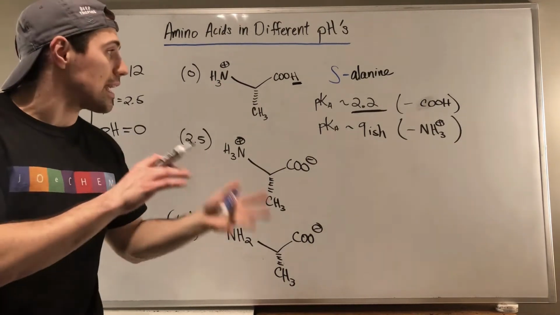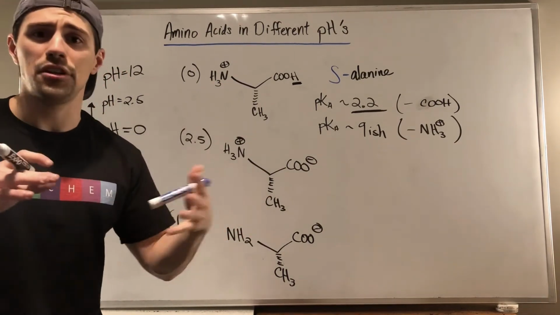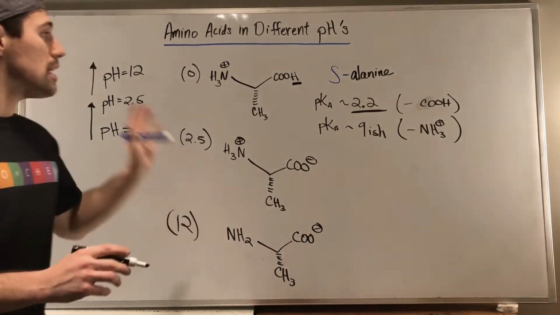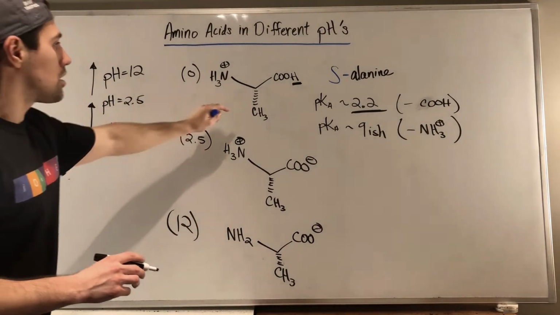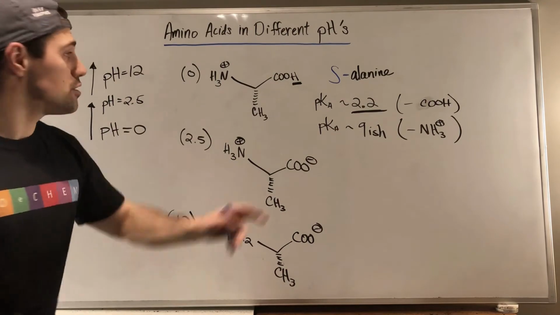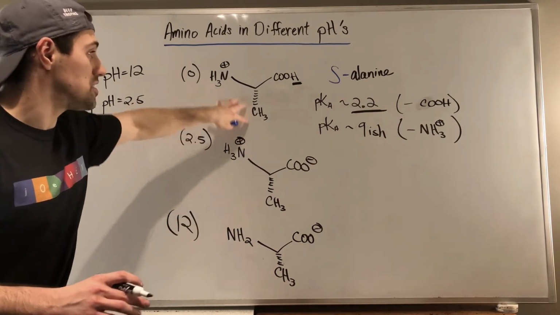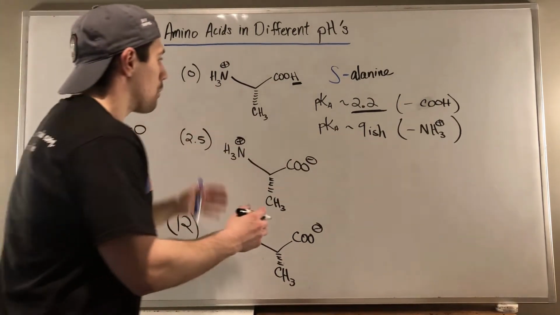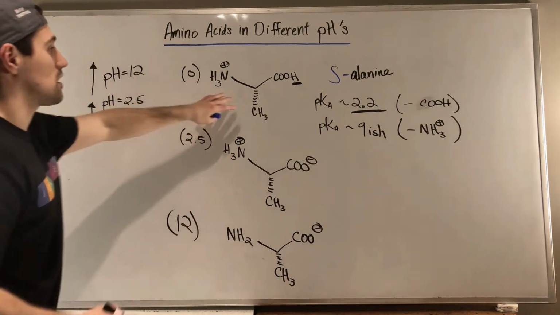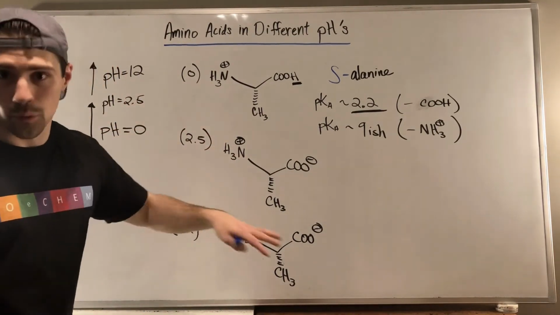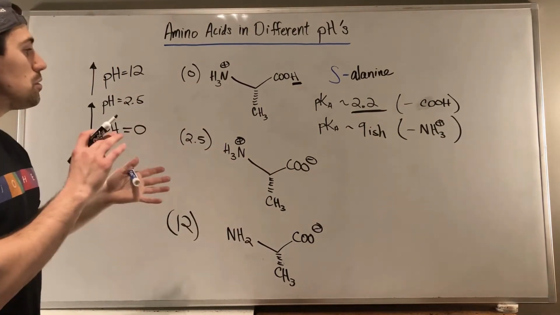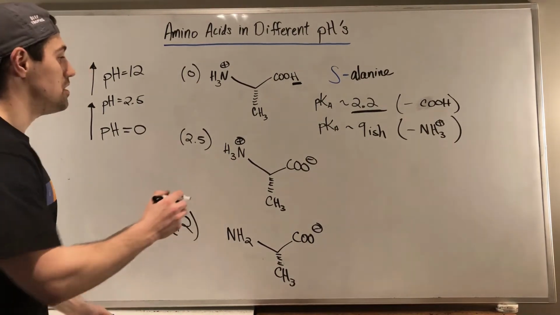So we're going to get into how you determine this. Things can change if your side chain has acidic or basic components, but when you have something like alanine, where your side chain doesn't play a role whatsoever, very commonly you will be asked to find this point.